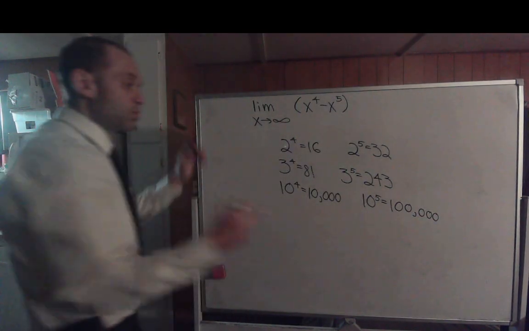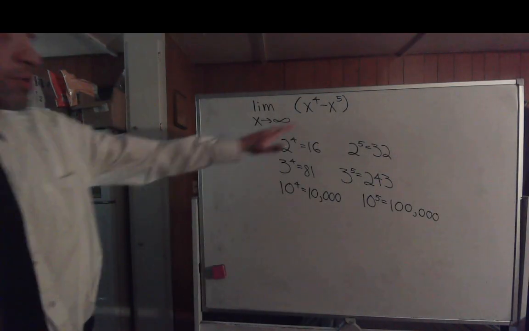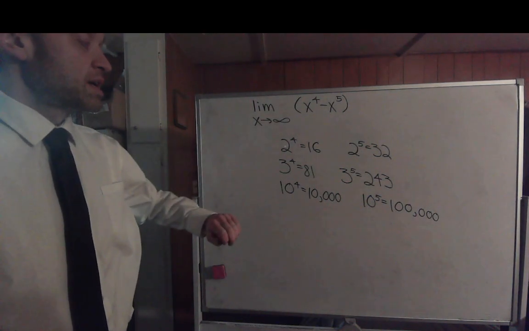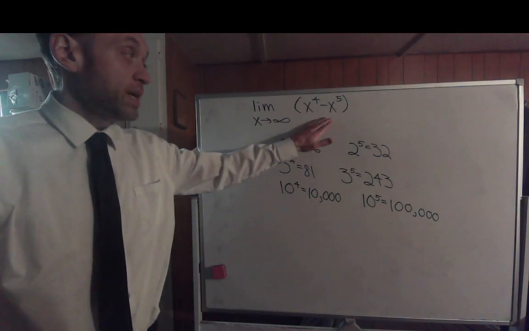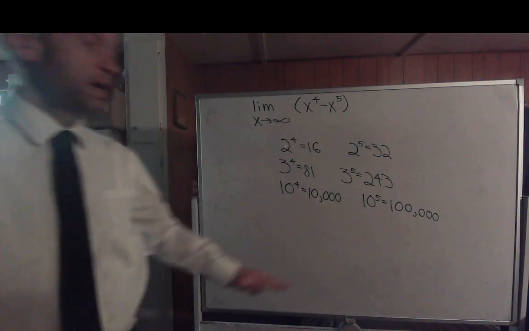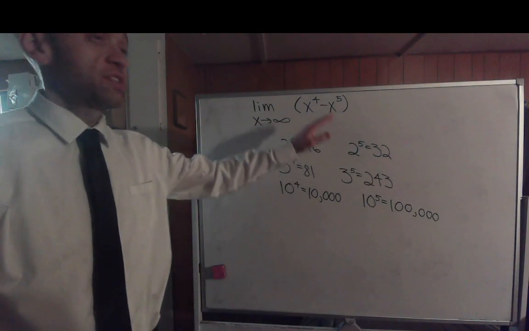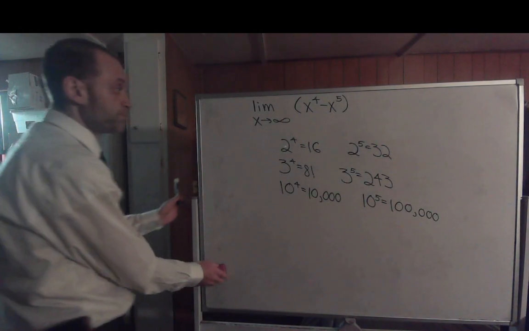You see where I'm going with this? The greater the number is, the higher and higher you get, the greater the gap between your values to the 4th power and the 5th power. And obviously the number is going to increase faster when it goes to the 5th power as opposed to the 4th power.